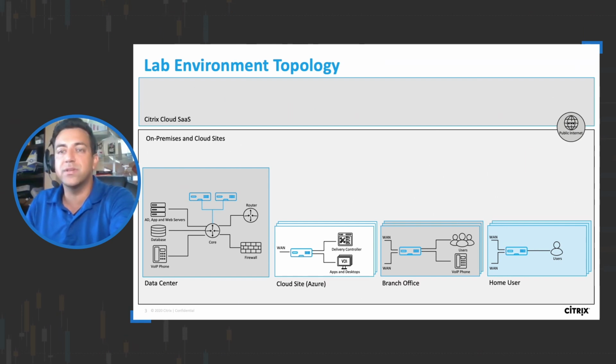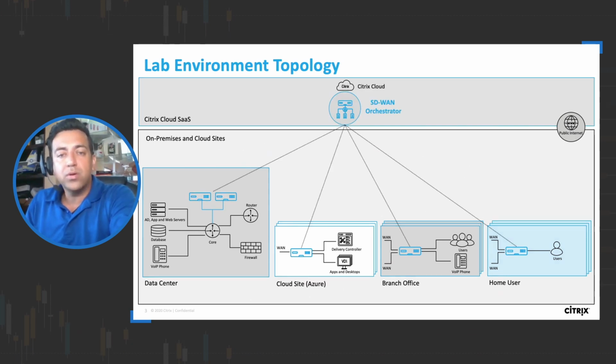We'll make full use of this lab topology for the various demonstrations scheduled for today to highlight some of the use cases that the Citrix SD-WAN solution can be used for. We'll also be using SD-WAN Orchestrator as a management tool to communicate to these devices and manage the network connectivity between the sites.